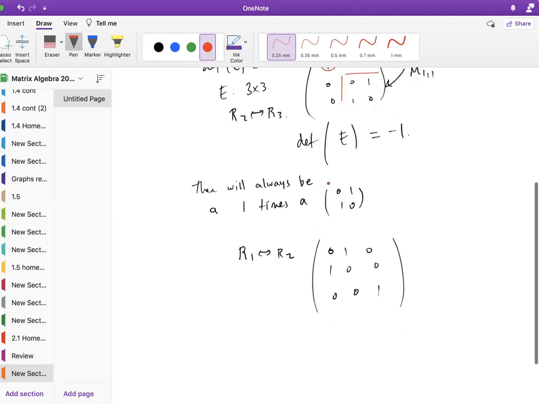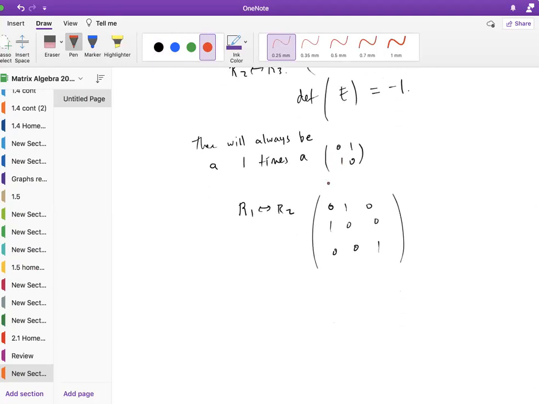Actually I meant to say that it's always going to be a 1 times your M, which is always going to be 0, 1, 1, 0, right? This is what M is.